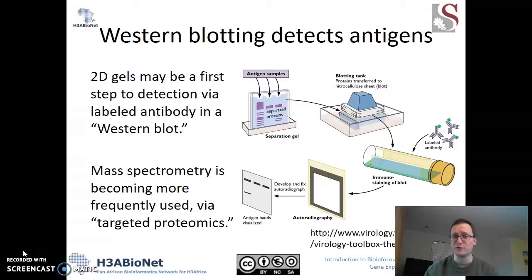And one of the very useful things that has come out of this is the ability to detect particular antigens from cells. So the Western blot represents our way of using antibodies that have been labeled in some way, maybe by fluorescence, maybe by radioactivity, to find where on this 2D gel map is the protein to which this antibody reacts.